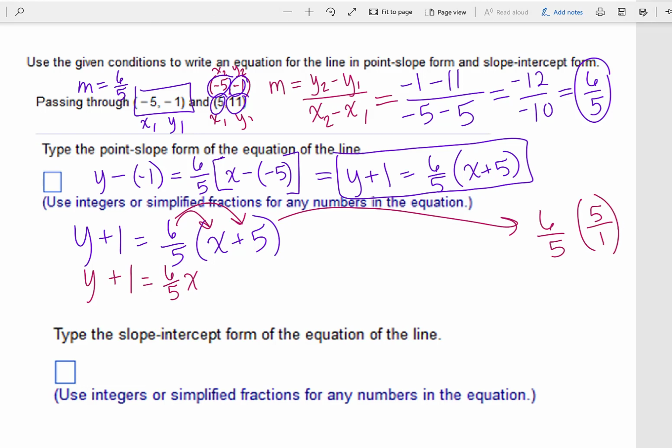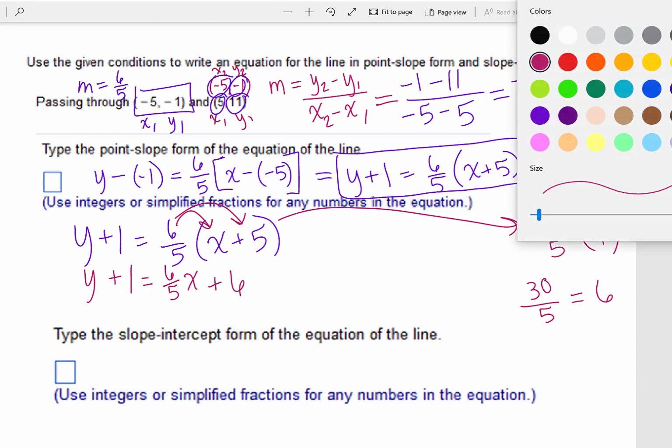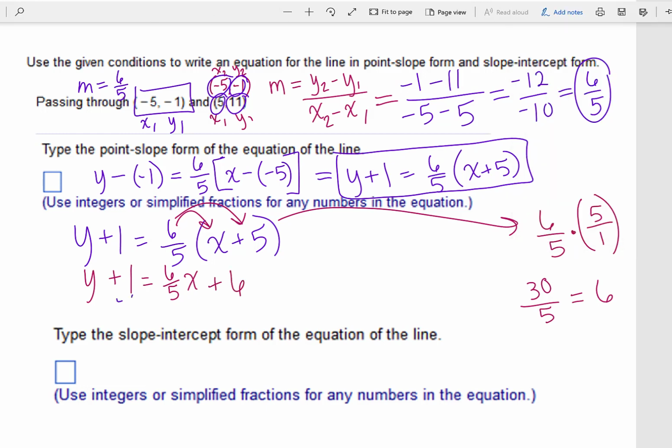And then I could simplify the 5's out, or I can just go ahead and multiply across. So I get 30 over 5, which would leave me with 6. Okay, I'm going to subtract 1 from both sides, and I'm left with y equals 6/5 x plus 5.